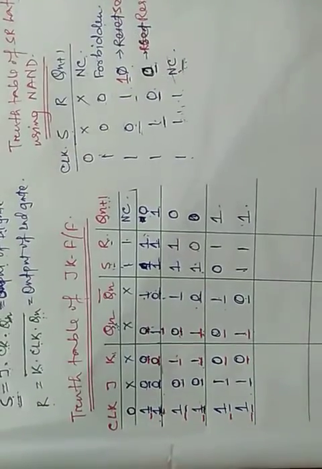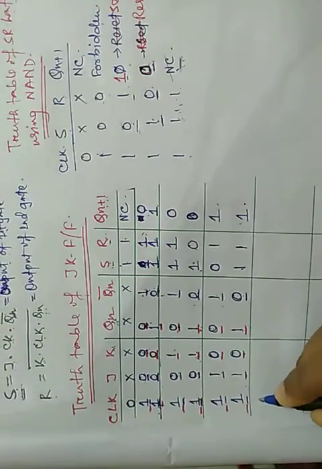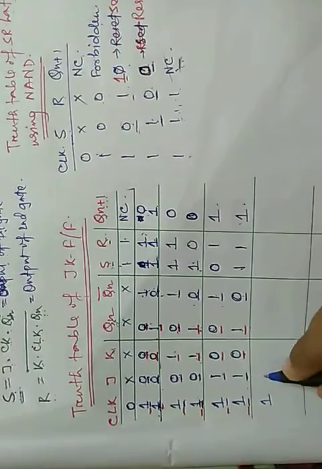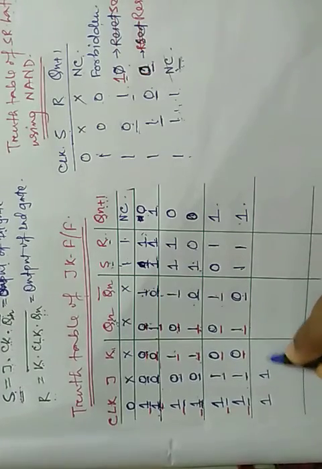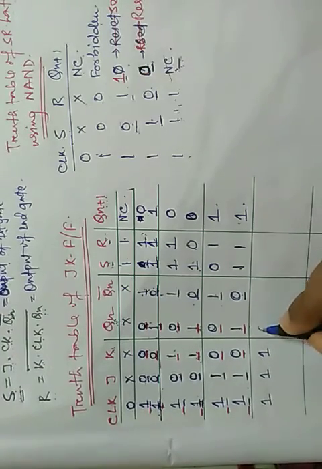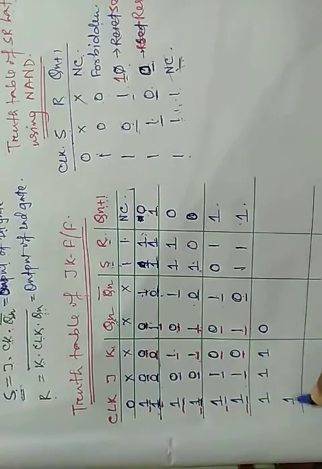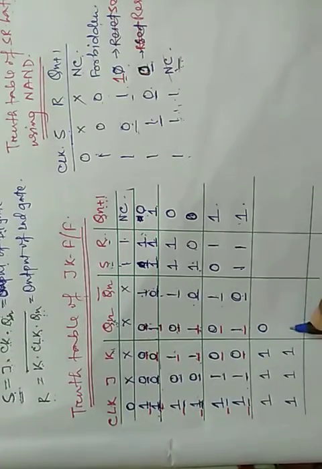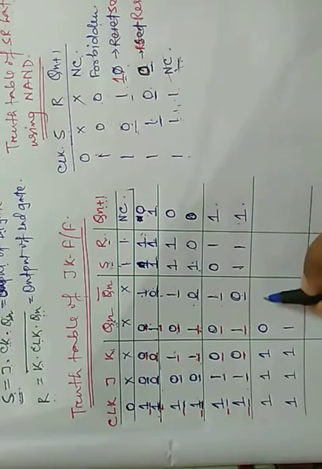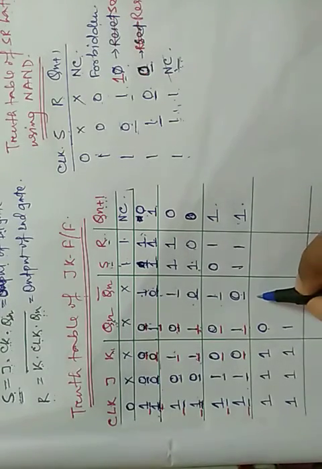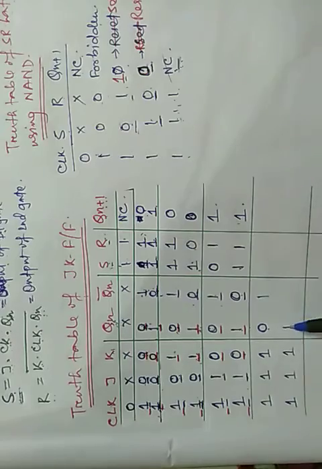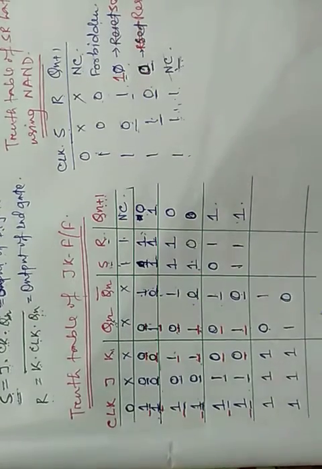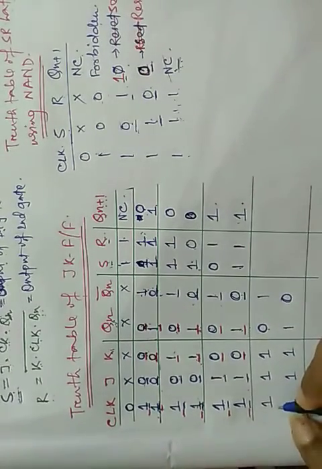Now our last case, when clock is 1, J is 1, K is 1, Qn is 0, and when clock is 1, J is 1, K is 1, Qn is 1. When Qn is 0, Qn bar is 1, and when Qn is 1, Qn bar is 0. Now let us check each condition.